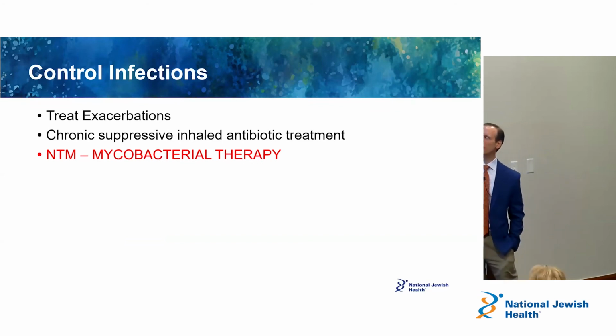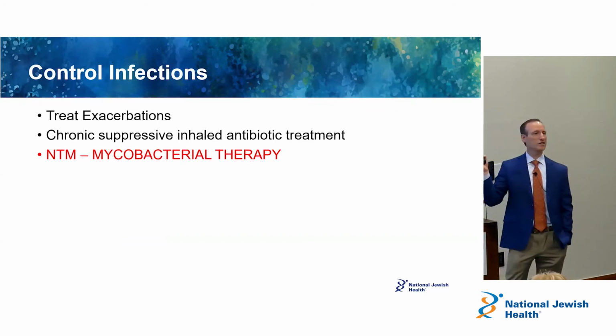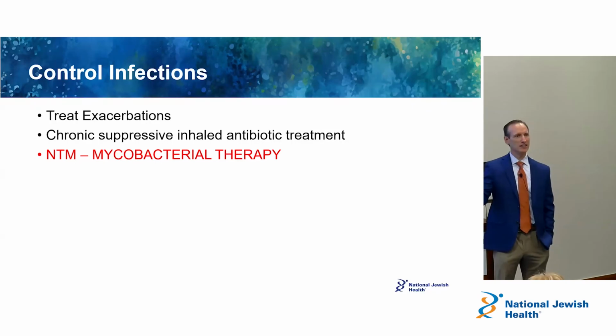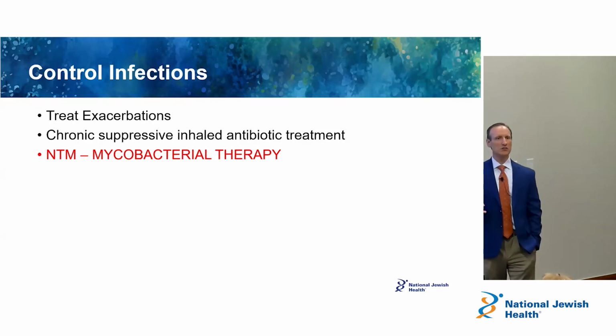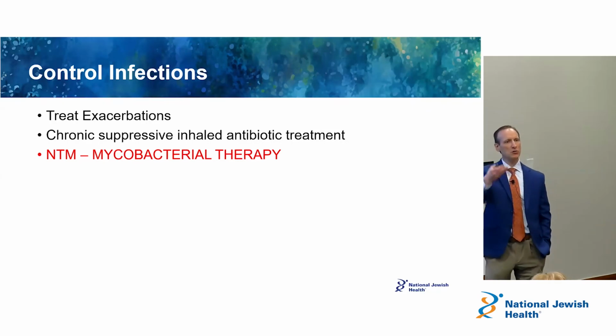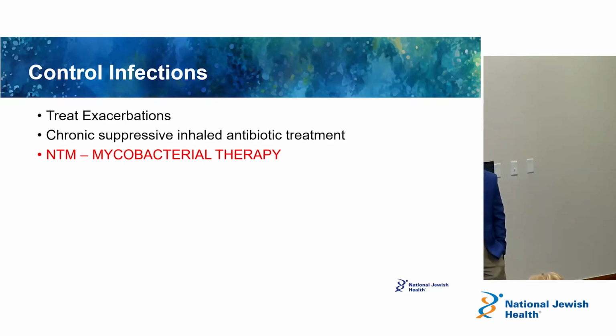So controlling infections. What are exacerbations? Let's start there. Bronchiectasis exacerbations, for a patient, would probably be thought of as bronchitis. Oh, I got sick. For a doctor, it is any time that the patient has more symptoms than their norm.